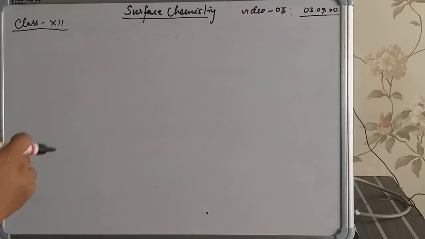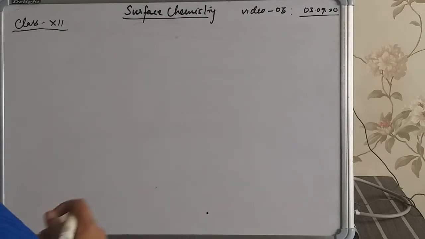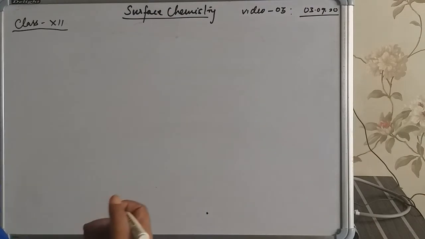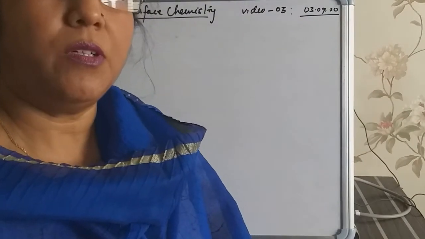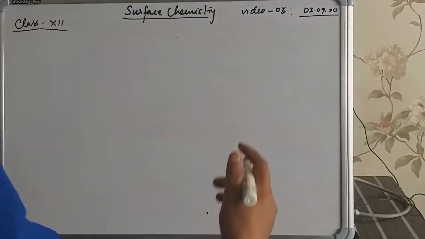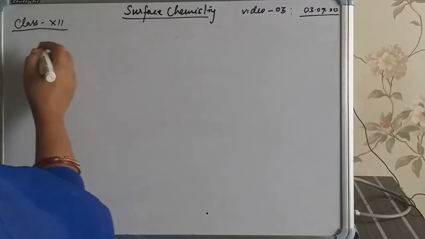So students, what is colloids and colloidal solution? For this, at first we distinguish the different solutions like true solution, colloidal and suspension on the basis of their property, means particle size. So let's define the colloids first.